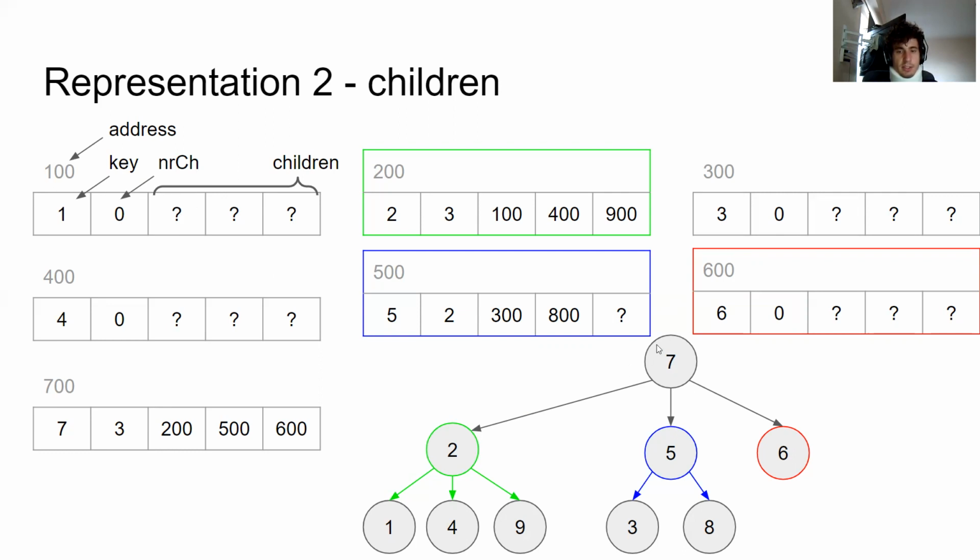A more interesting example is node 7, which is at address 700. It has the key 7. It has 3 children: the nodes with address 200, which is 2, 500, this 5, and 600, which is the 6.